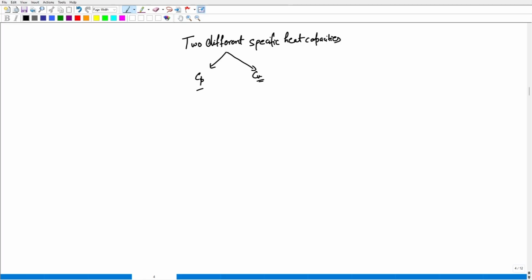So I told you about two different kinds of specific heat capacities in the last lecture, that is Cp and Cv. I told you to look up what this P and V means. In thermodynamics, P and V are very obvious: pressure and volume.